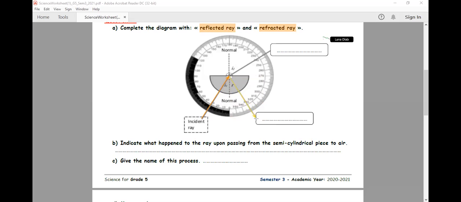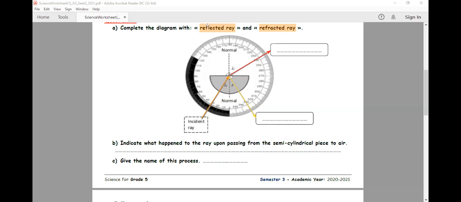So we have this, and we have this. Let me change the color so you can tell me. We have the yellow ray, and we have the red ray.